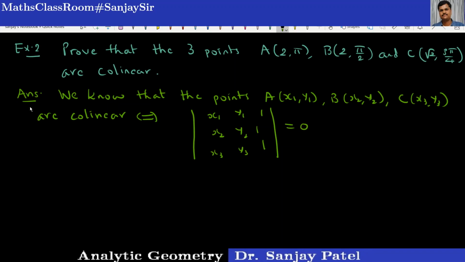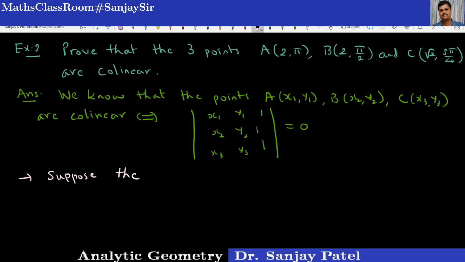So I'll be using this because we don't have any direct way of checking whether 3 points in the polar coordinates are collinear. So what I'm going to do here is, let me suppose the Cartesian coordinates of the 3 points which are given here.